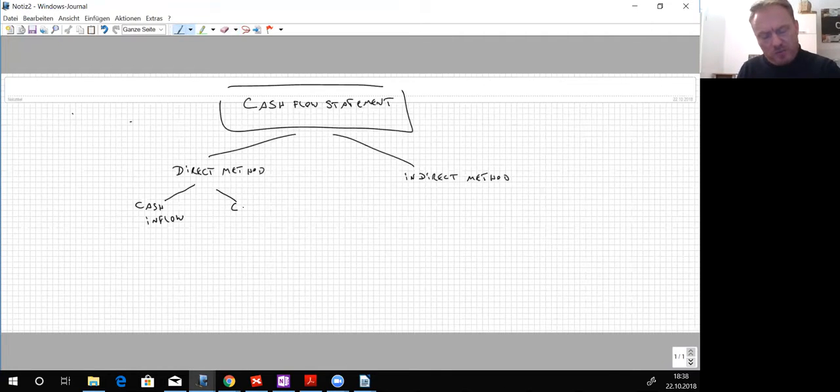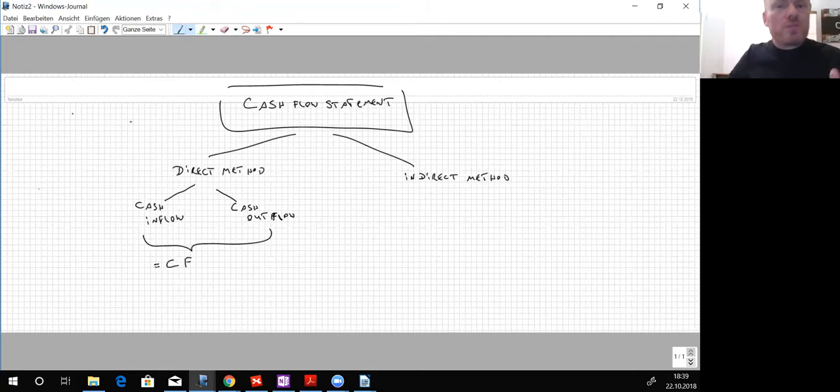And there's cash outflow, like money being paid to everybody. Cash inflow minus cash outflow is equal to the cash flow, the cash flow computed directly. That's the direct method. And then, of course, there's an indirect method.